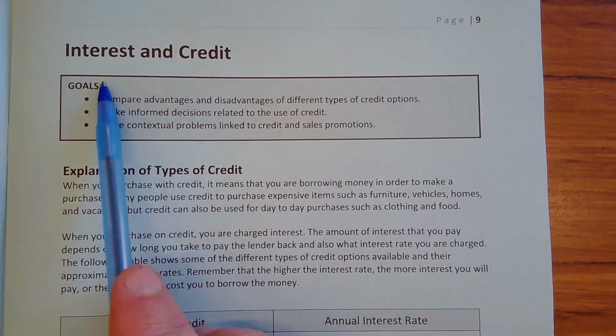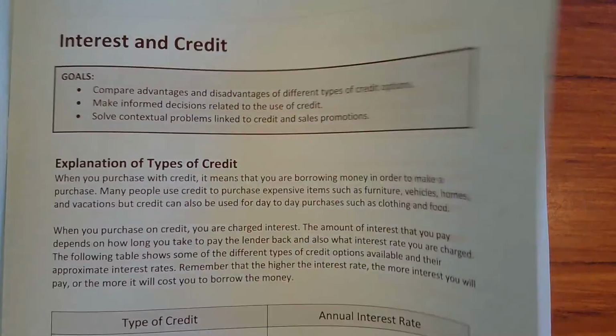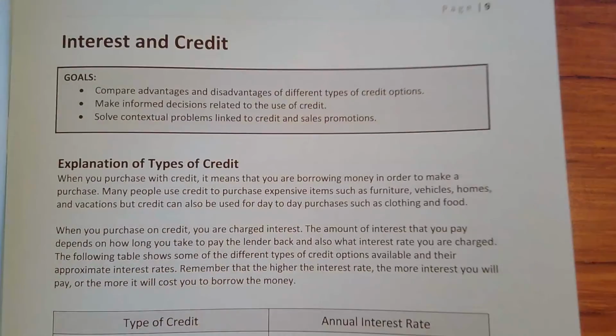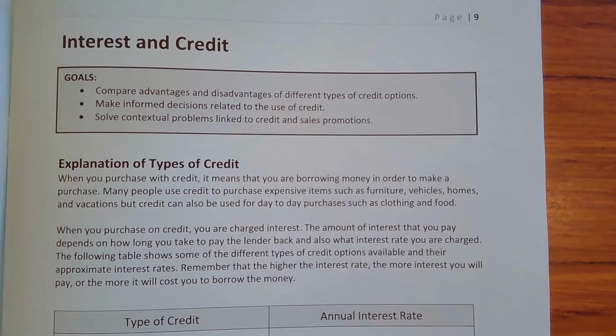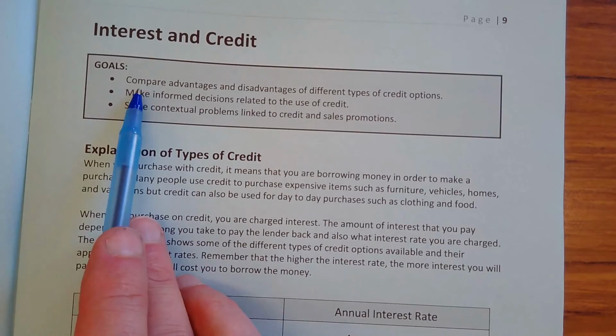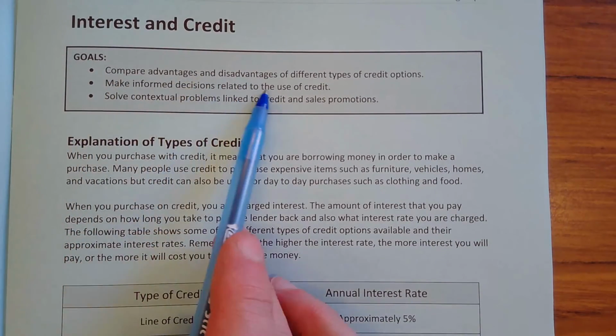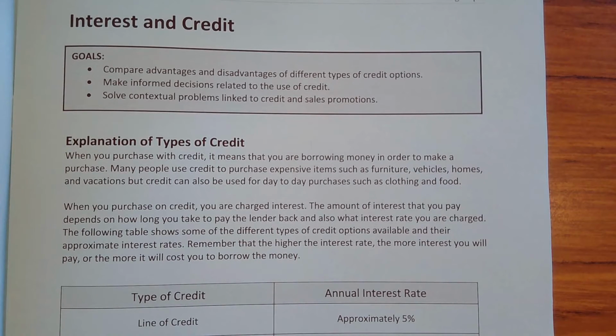Okay, interest and credit. We're not going to do any new work on this. We're just going to talk about it real quick. The first thing we're supposed to do is to compare the advantages and disadvantages of different types of credit options. So there are lots of different types of credit you can get.